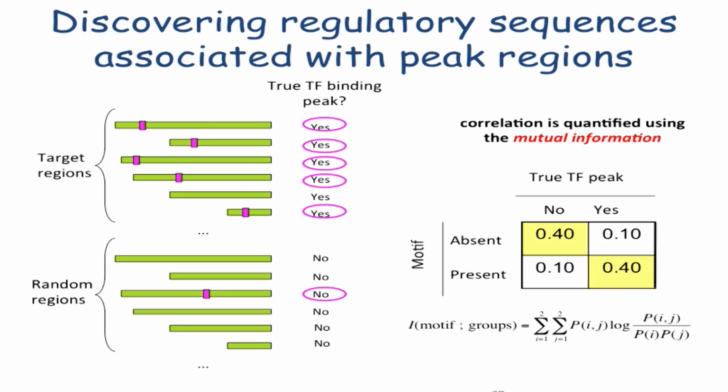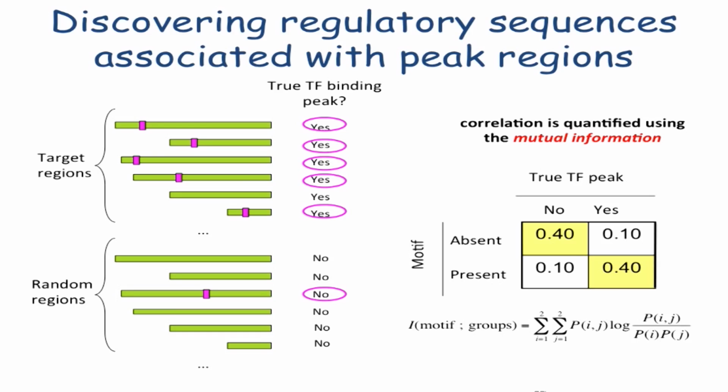The basic idea of this function is really contained in this term here, where if you have two variables that are independent, the joint probability of the two variables is going to be equal to the product of the probability of each variable.